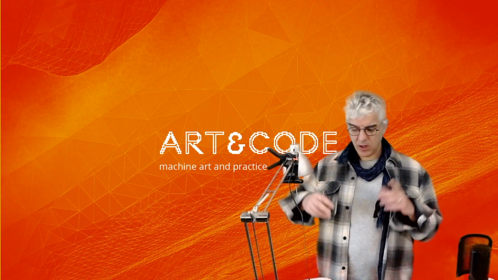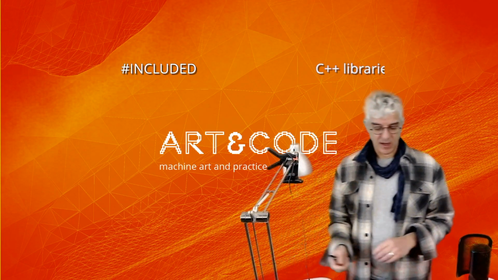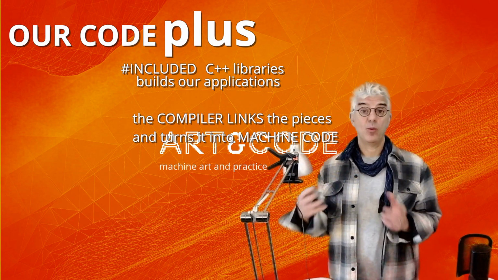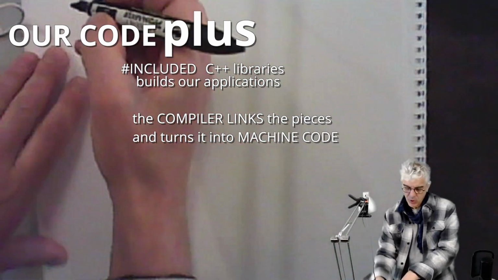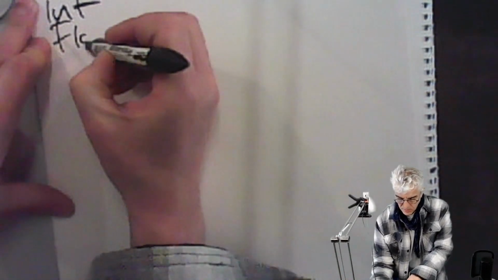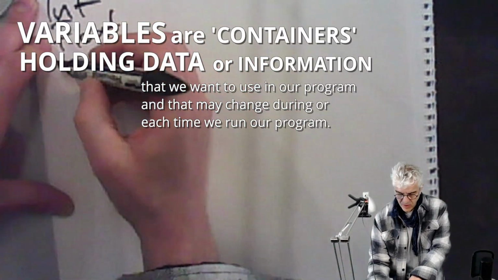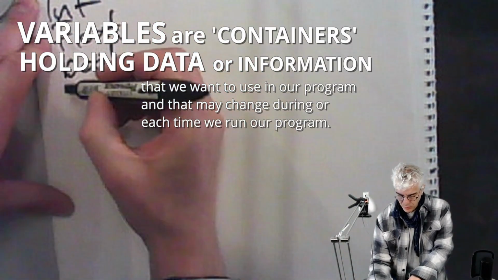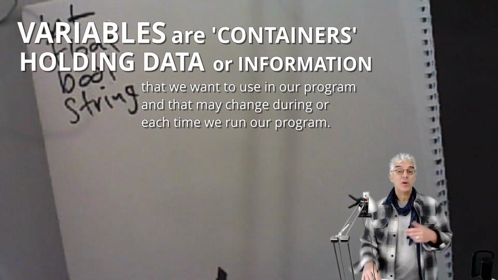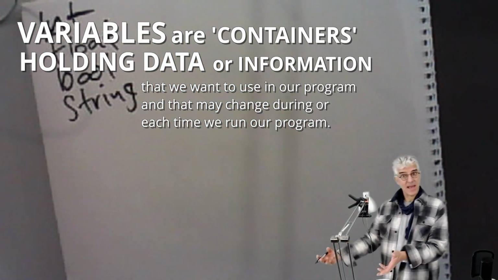Last time we talked a little bit about C++, about it being a compiled language, and we talked about what variables were. Last time we found that there were integers, float variables, boolean, and string. And we make these variables just by making a name for them.